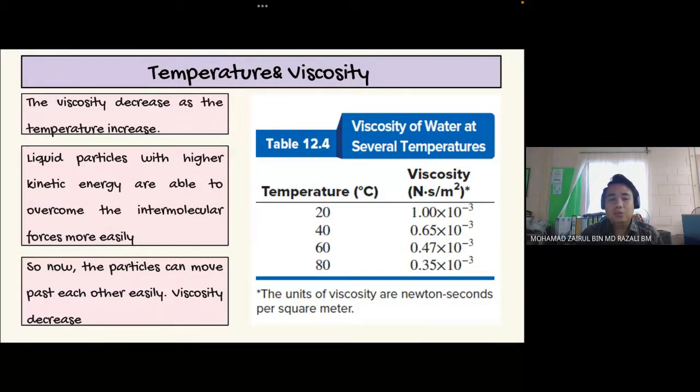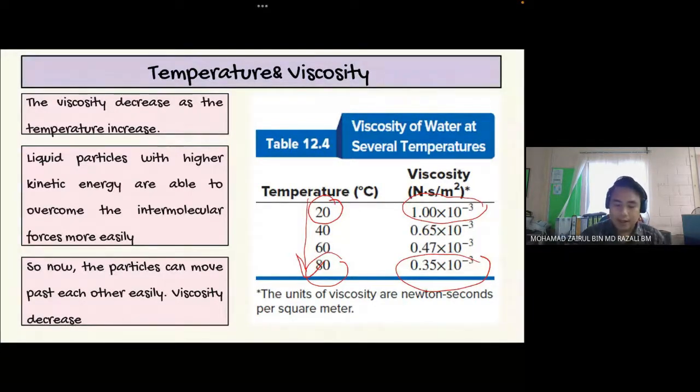So maknanya the intermolecular forces become weaker. So now the particle can move past each other very easily. So the viscosity decreases. So as you can see for water, the higher the temperature, if I increase the temperature from 20 degrees Celsius to 80 degrees Celsius, the viscosity reduces from 1 to 0.3.